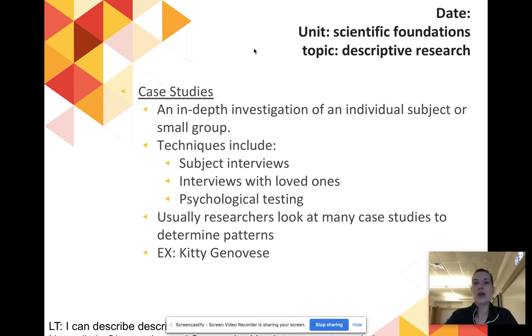When we look at her case study along with other murders, especially unsolved murders, we might find patterns, right? Or we might find some statistics that help us figure out that this particular kind of crime happens in this particular area, or this particular type of crime is more likely to happen to women, okay?